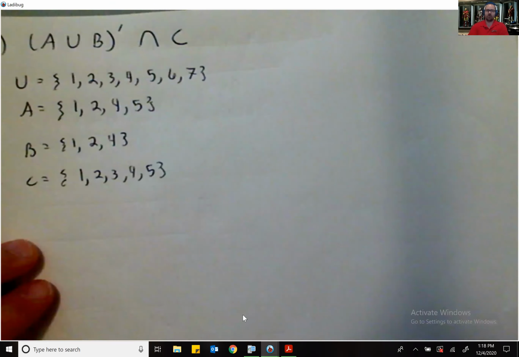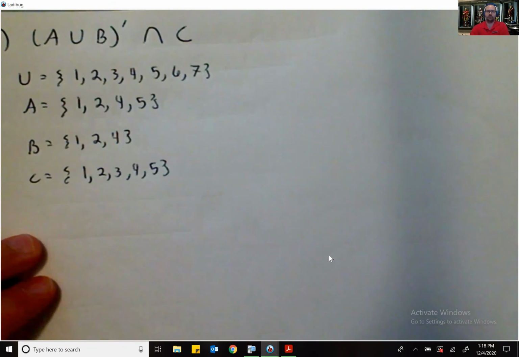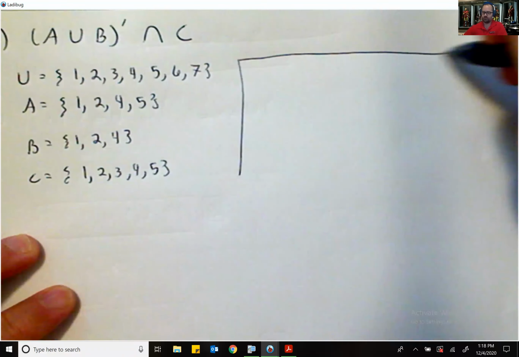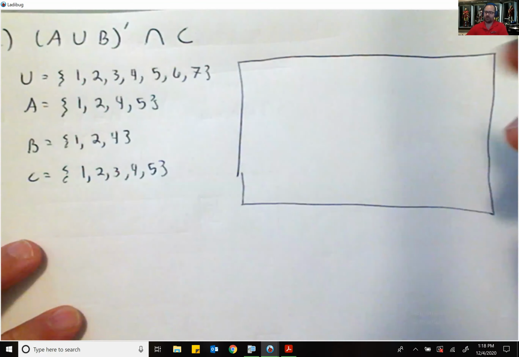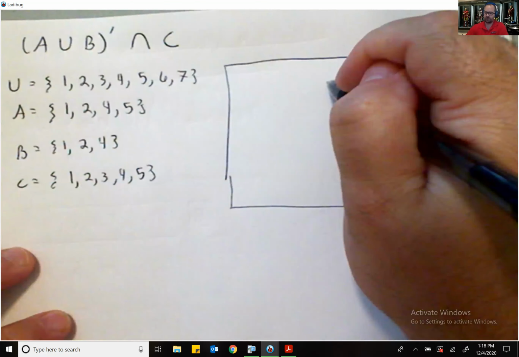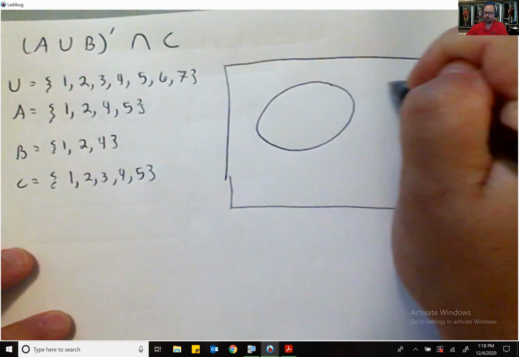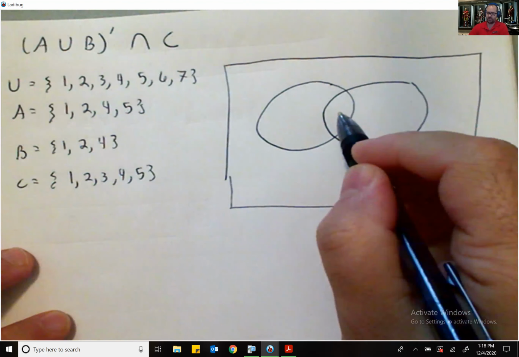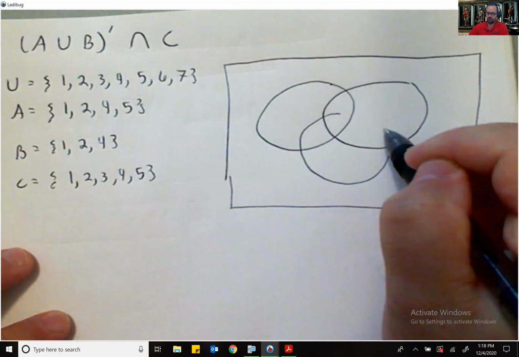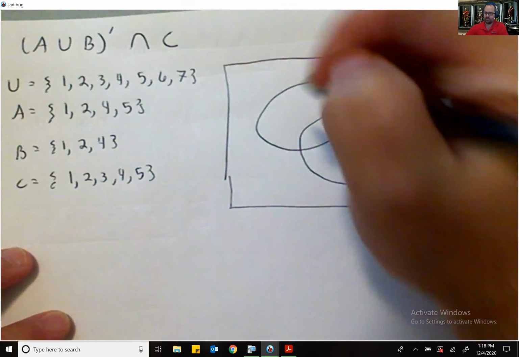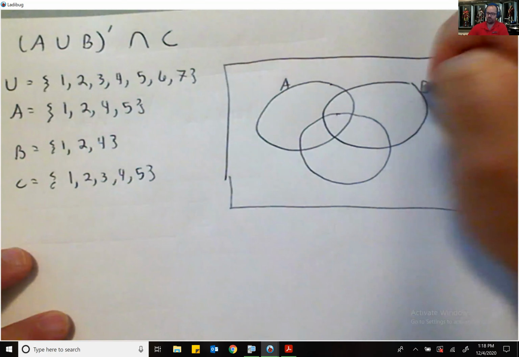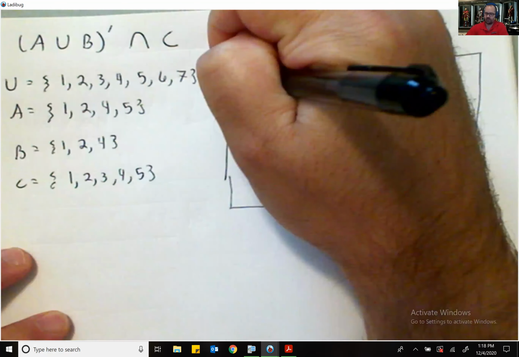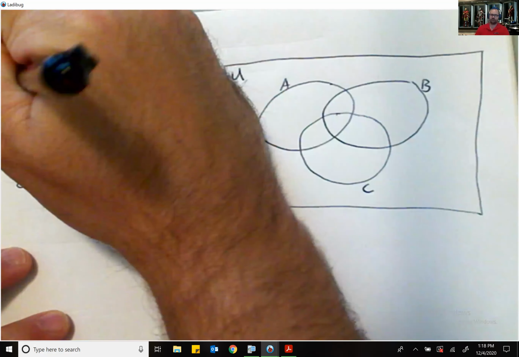So let's draw our Venn diagram. It's going to be a three-circle diagram. I make my first two circles, then go right into the middle between them and draw a circle down. We'll call these A, B, C, and out here is what we call the universe.